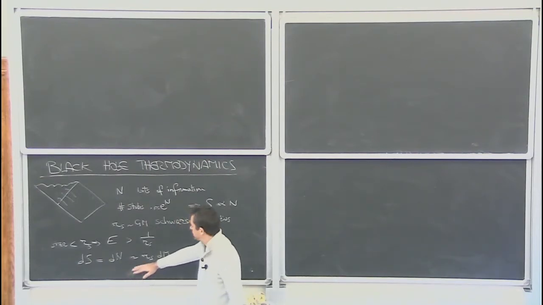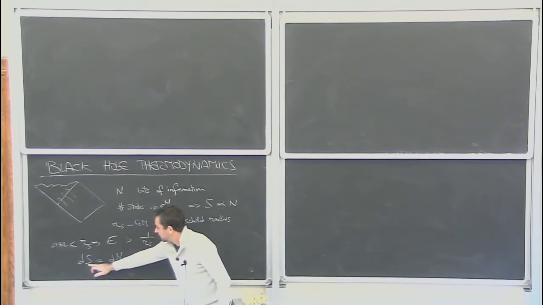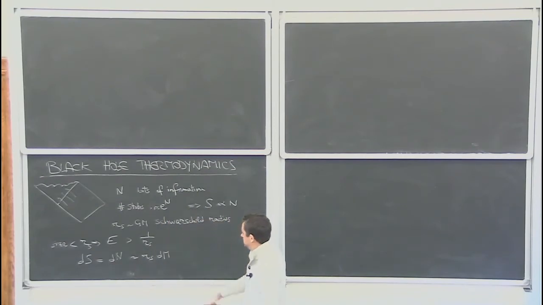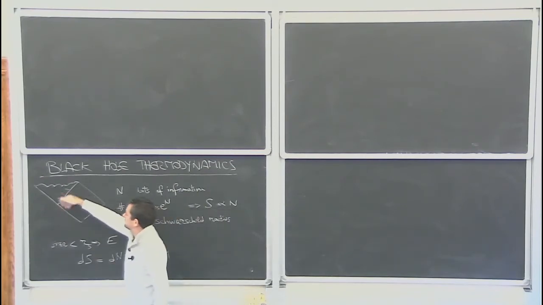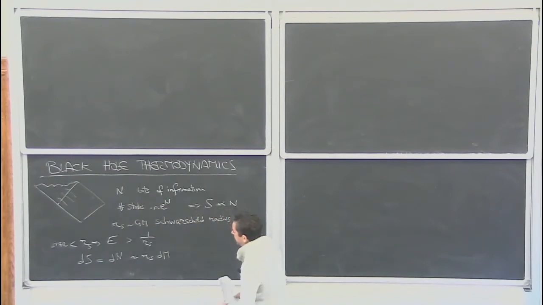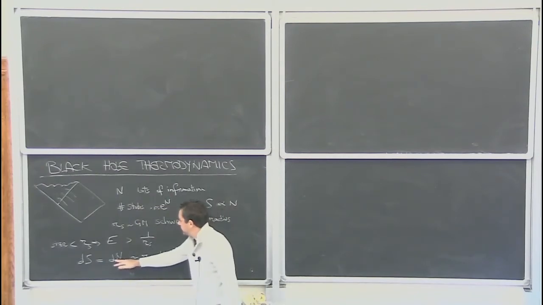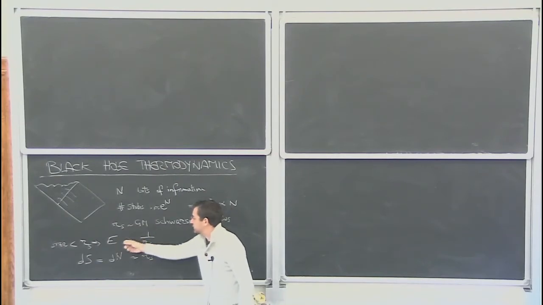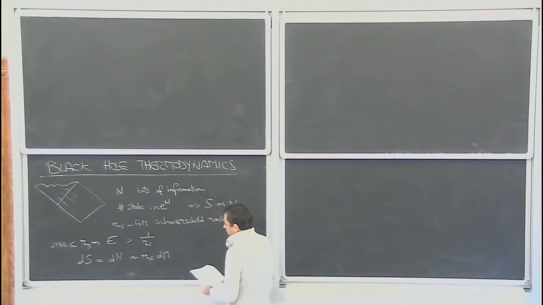The number of states changes, of course, but here I'm looking at the variation of the entropy, which is the logarithm of the number of states, so it's the variation of the number of quanta that I'm throwing in. So I'm adding quanta to the black hole. I can convert the variation in the number of quanta into the variation of the total energy by recalling that each of them has at least this energy. So this is a rough estimate, of course.